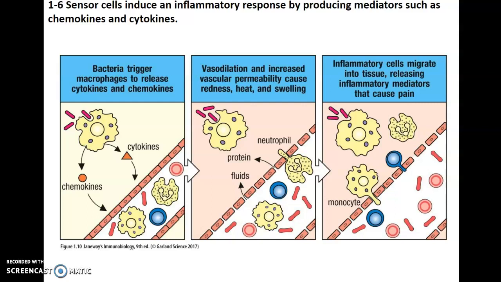So rubor, calor, and tumor are all due to the blood vessels becoming more permeable, and then the dolor is due to some of the things that the granulocytes release that cause pain.